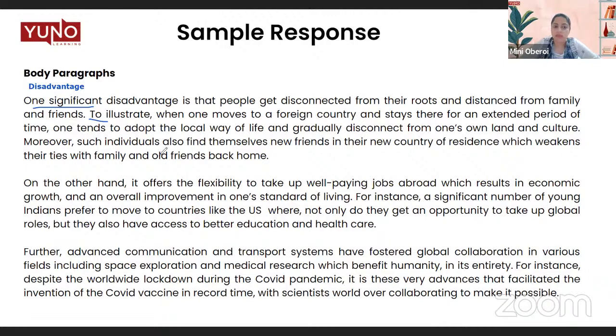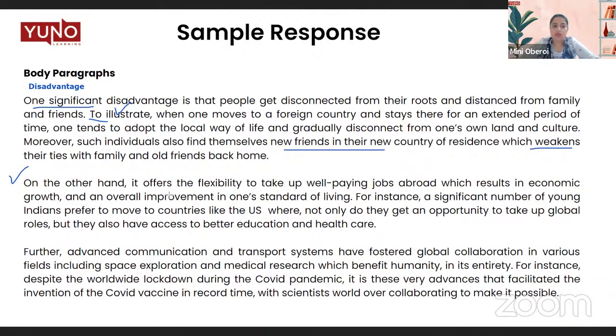Moreover, such individuals also find themselves new friends in their new country of residence, which weakens their ties with family and old friends back home, right? So this is a clear demerit, a disadvantage, supported with an example. Now we'll come to the benefit.